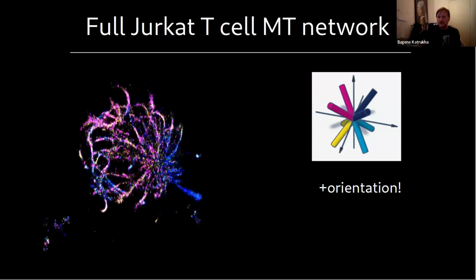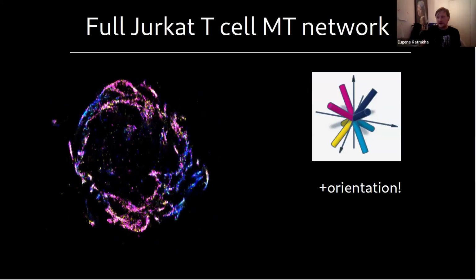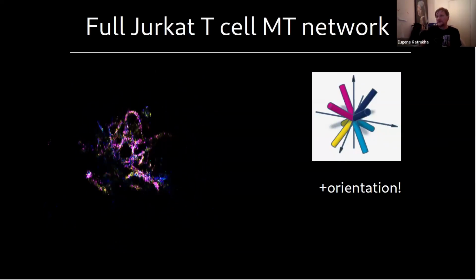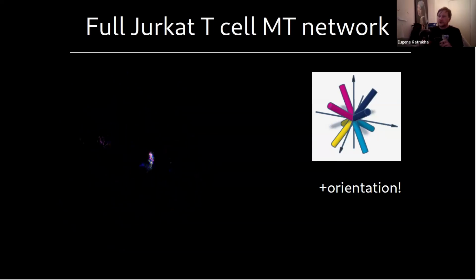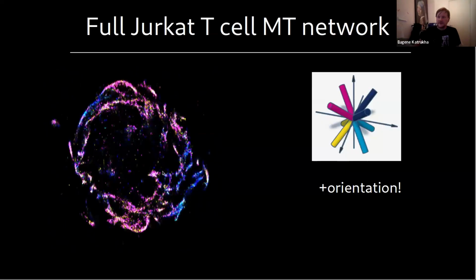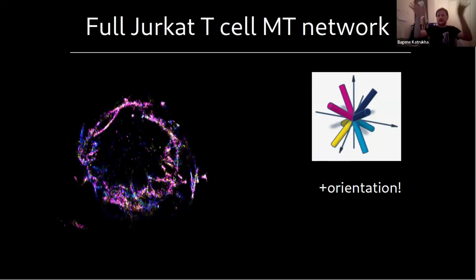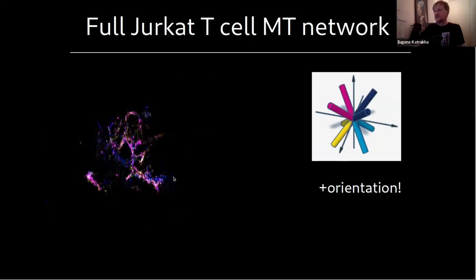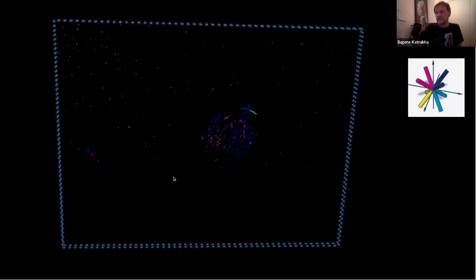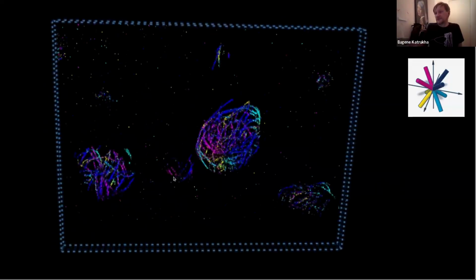But now this is the rods already with the orientation. So as you can see now, we need to map the orientation not only in 2 dimensions, but also in 3 dimensions. And actually, you can see maybe in the beginning there is a centrosome, and then in all colors, the tubules go around it, which means that we kind of know that it's supposed to be like this.